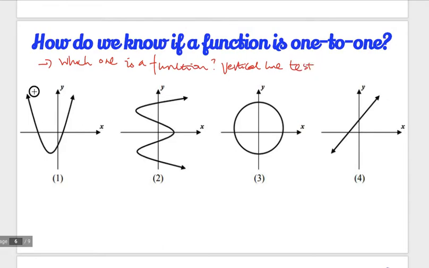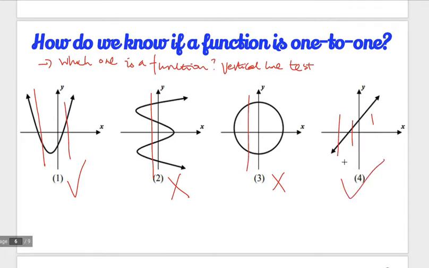So I just draw a vertical line here. Sorry, it's not a perfect vertical line. It intersects once, so it is a function. Intersects multiple times, it's not a function. Intersects twice, not a function. Intersects only once, it's a function.